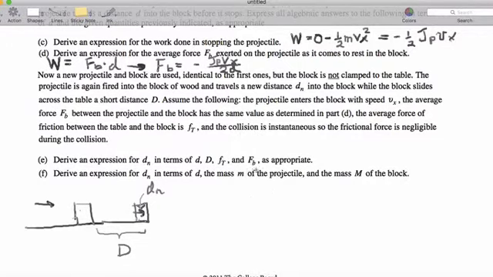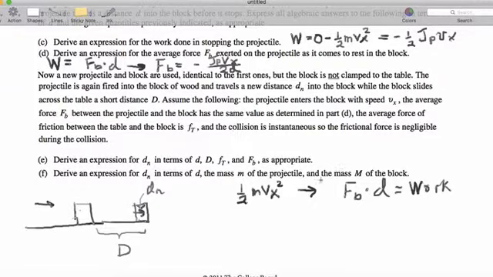So first, we know the projectile has kinetic energy of 1/2 mVx squared, and all of this got dissipated as work. We have Fb times d as the work done to slow the projectile down in the first part.